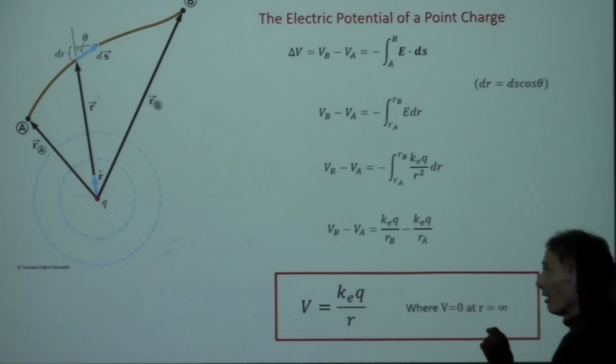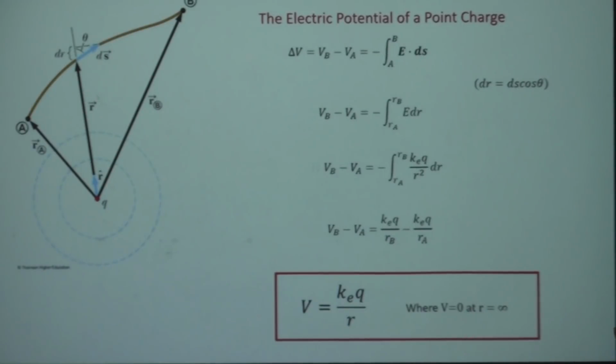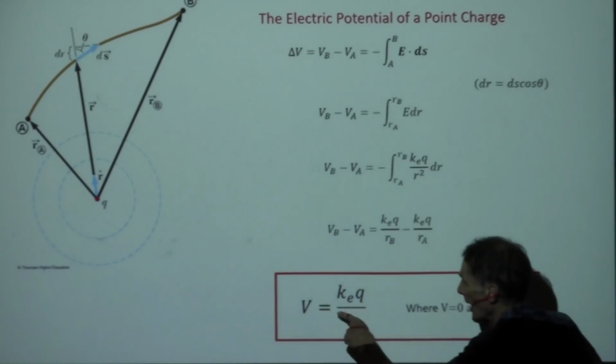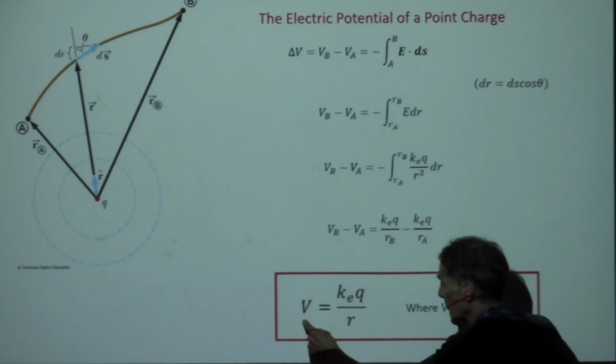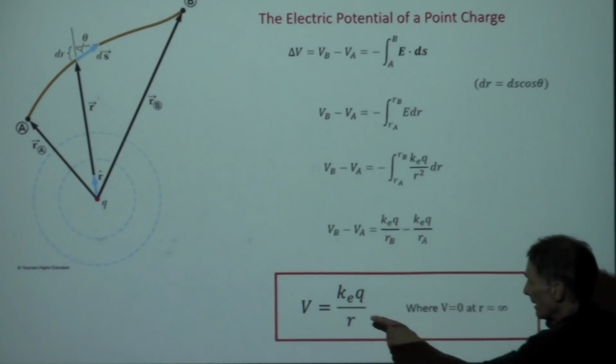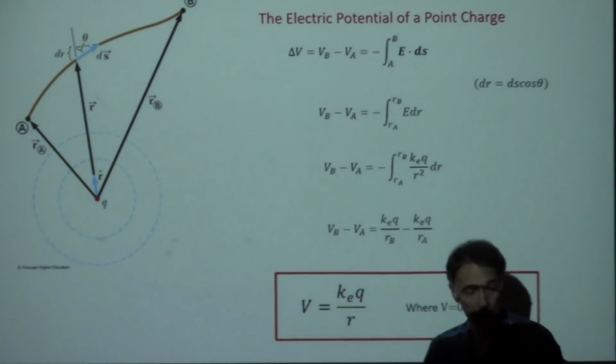Here we're going to do our measuring in reference to a point out at infinity, whether it's plus infinity or any direction we go. Then we can write the electric potential as KQ over R, and do the problems that way.